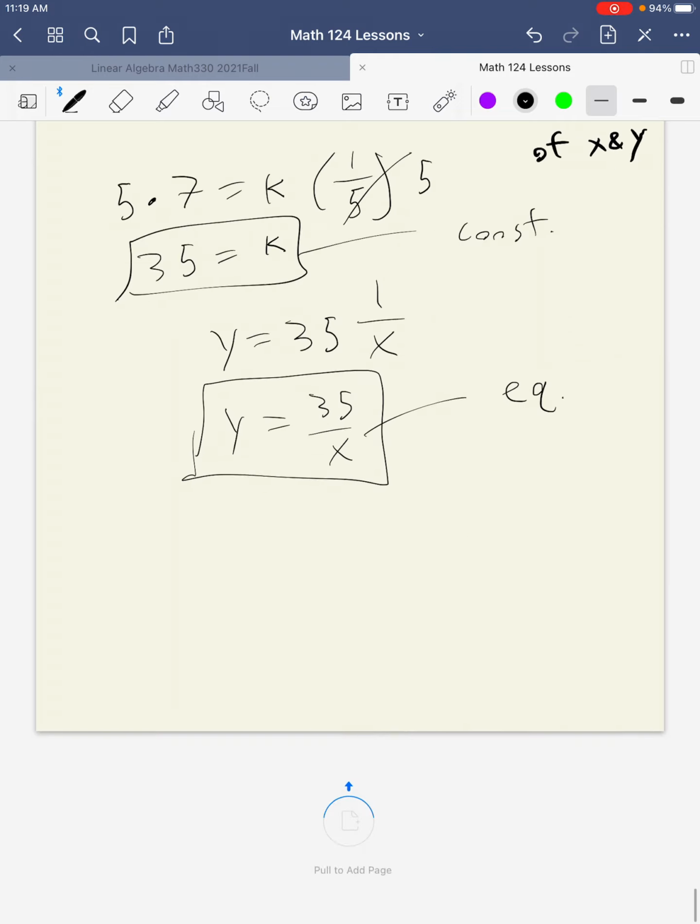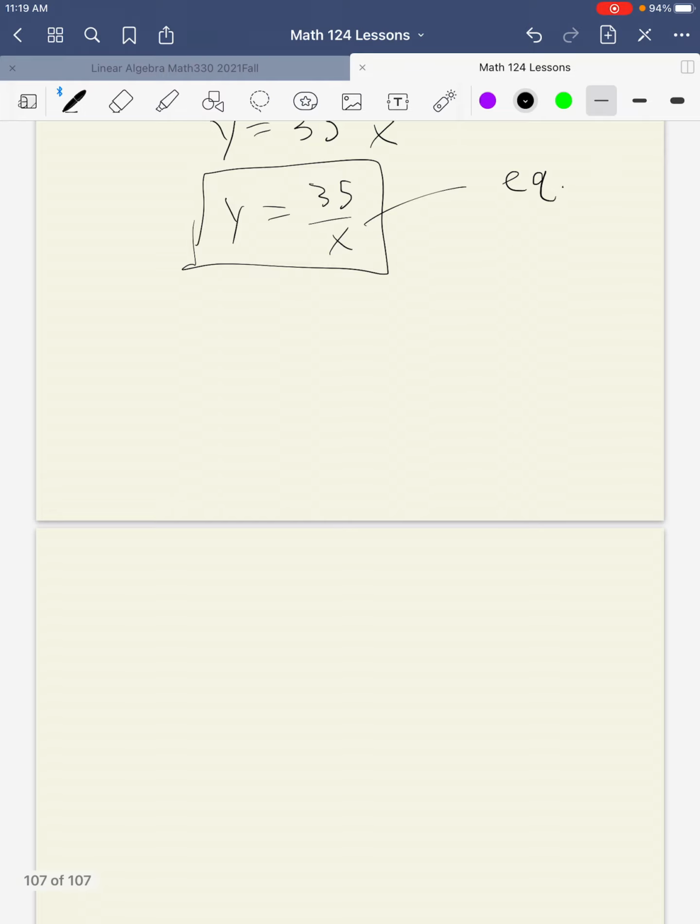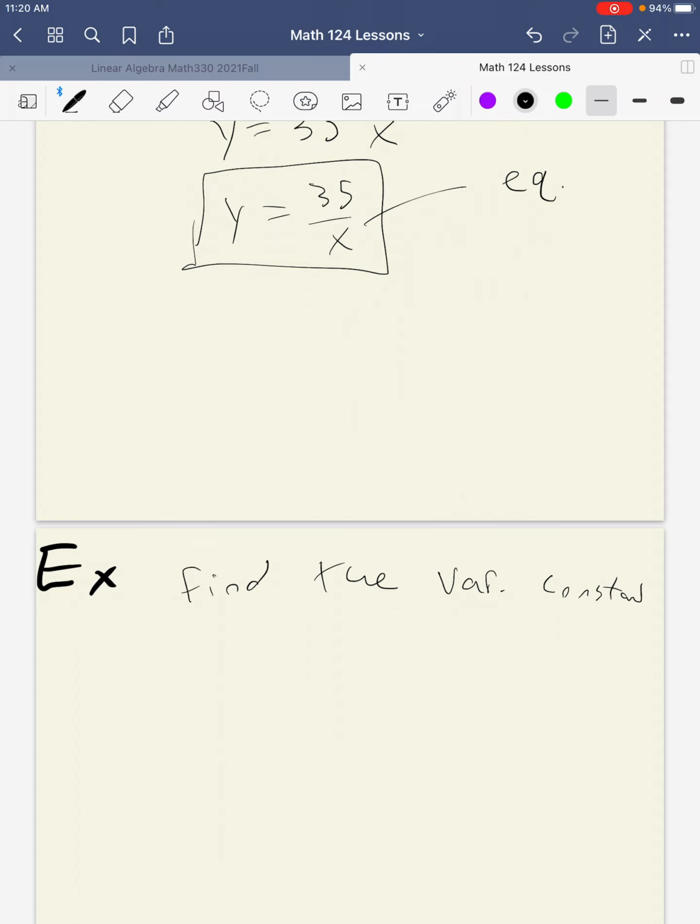Okay, not too bad. Let's look at a few more examples. So again, let's find the variation constant and equation of variation.